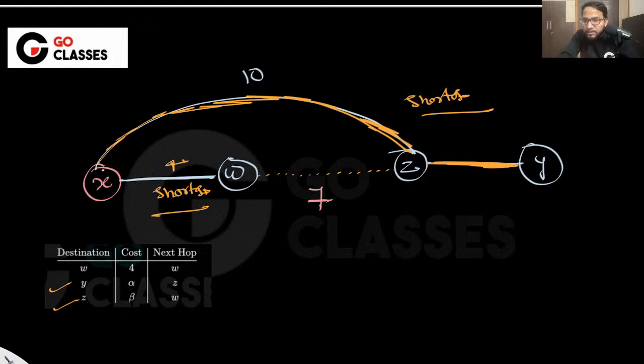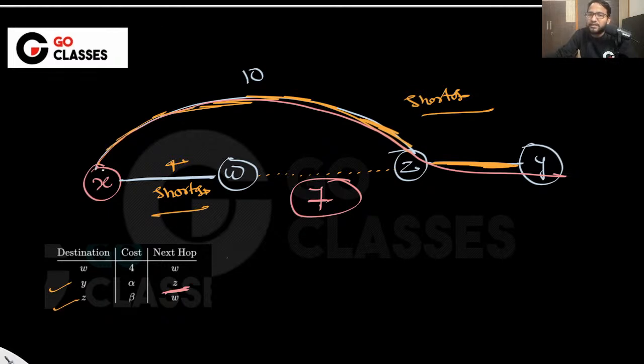Let me just check. Distance to Y will not be satisfied. No, if you want to go to Y, then you will definitely be going via this path. You don't worry about this path, right? If you want to go to Y, you go directly via Z. If you want to go to W, you go directly. If you want to go to Z, then you go via W, right?